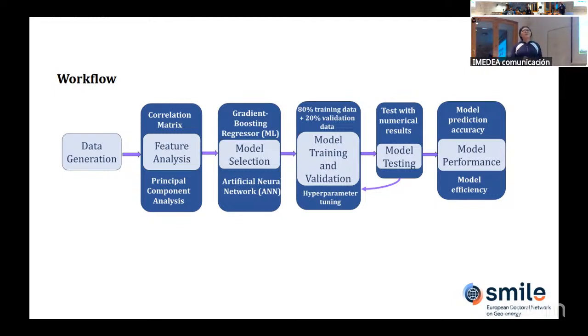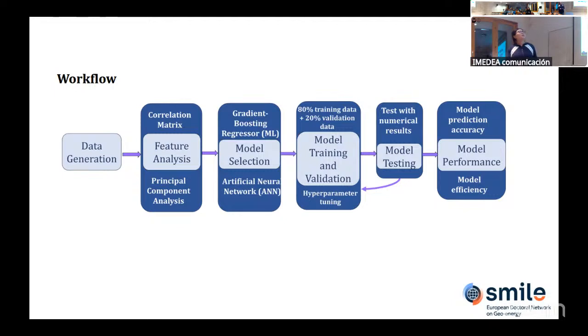We also want to compare its performance with another model, so we selected different algorithms in classical machine learning approaches. We tried different algorithms like decision tree or random forest, but they don't have really good performance. So finally, we selected the gradient boosting regressor as the algorithm for machine learning.